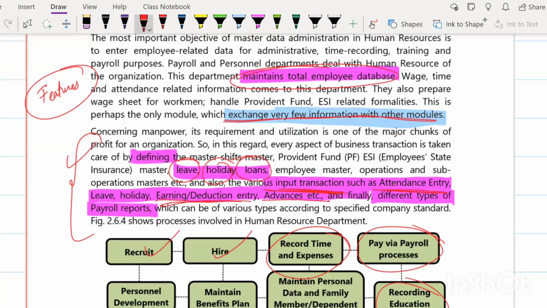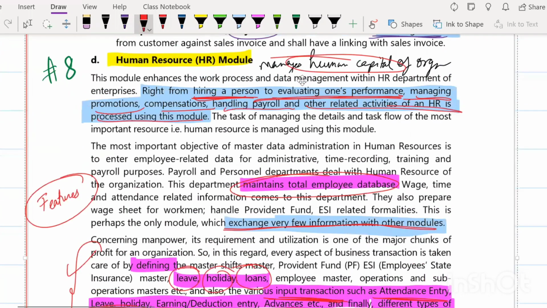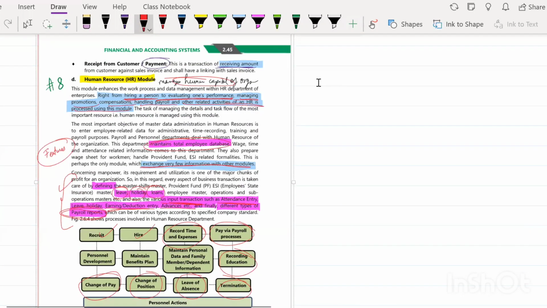All the data related to human resource will be there, and this module can also generate different kinds of payroll reports: staff turnover, how much salary has been paid out, and how many employees worked how many days. All of this information you will get from the human resource module.